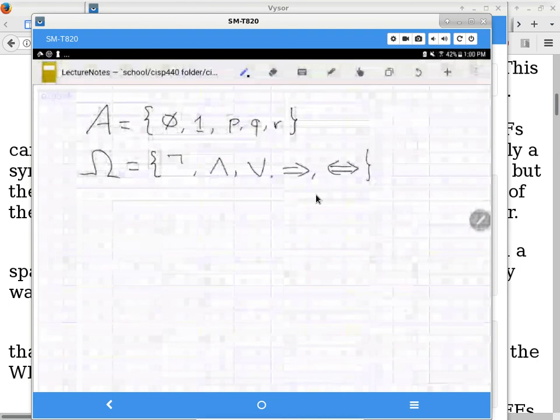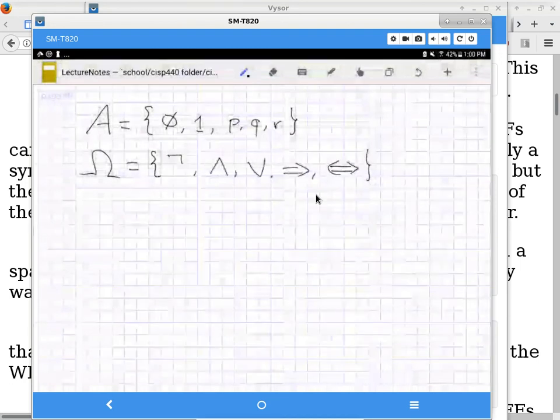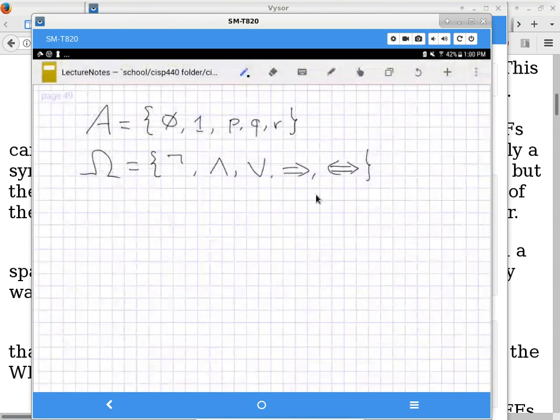So negation is actually technically in omega 1 because it only takes one operand. These other 4 are supposed to be in omega 2 because they take 2 operands. Is that okay? But omega itself is the union of all the smaller omegas, so it just includes all the operators.